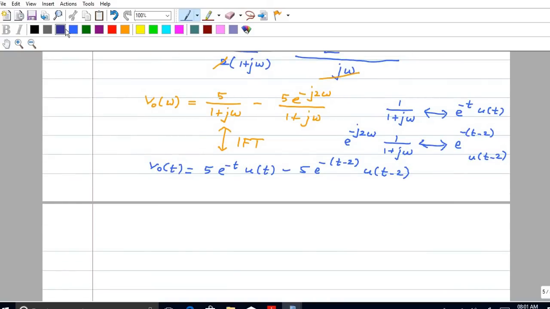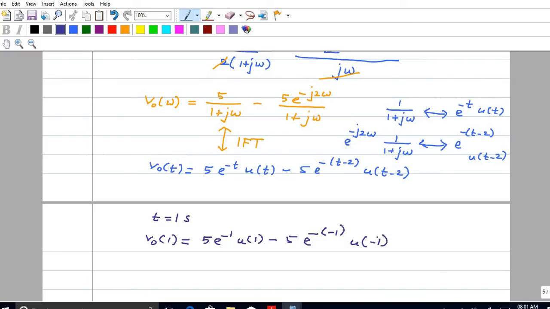They are asking what is the voltage at time t equal to 1 second. So substitute t equal to 1 in this equation. V naught of 1 is 5 e power minus 1 u of 1, minus 5 e power minus 1 minus 2, it's minus 1, u of 1 minus 2, it's minus 1.